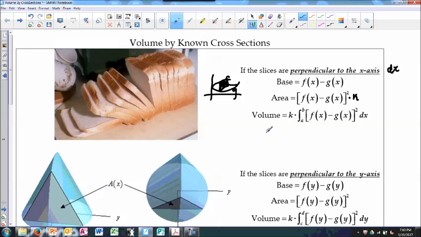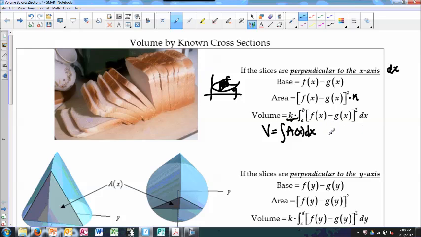Your volume is always the integral of area. You can factor out a constant if there is one, and simply use your integration like you would normally do.